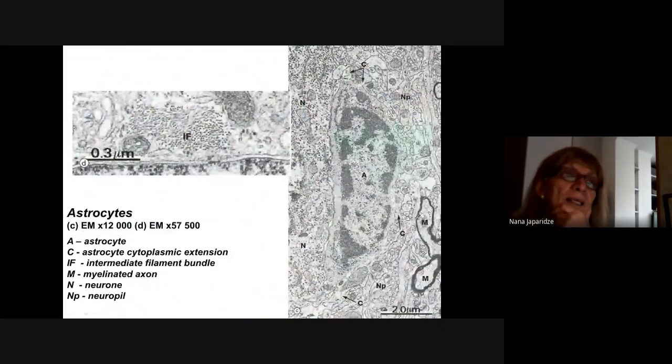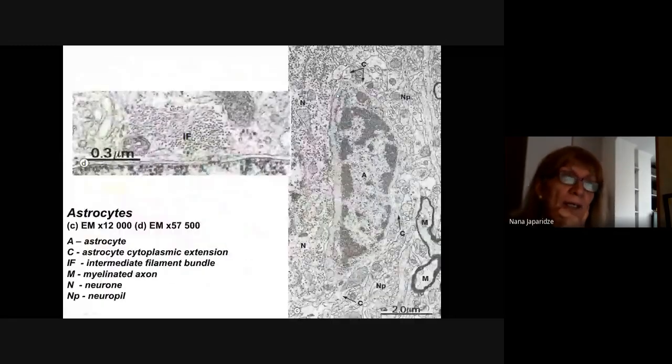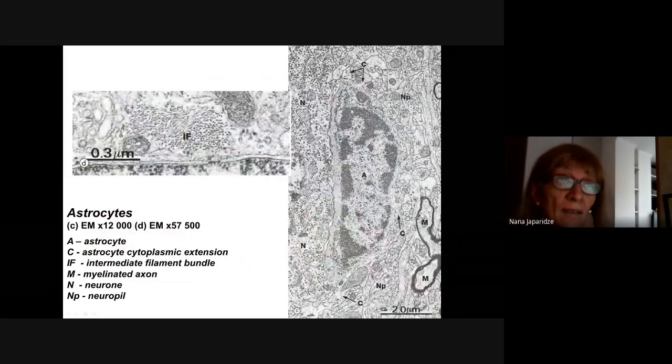You see here, this is a TEM image, and you see here part of the cell body, the perikaryon of the neuron. Look, this one here. And you see also the neuropil. This is the astrocyte, this one here.